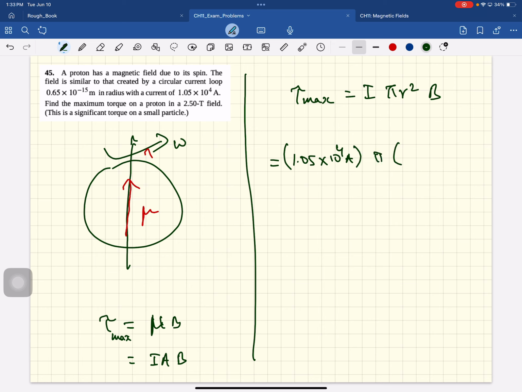Pi, radius is 0.65 into 10 to the minus 15 meters square. So let's take care of powers of 10. That's 10 to the 30 minus 30. So 10 to the minus 26.